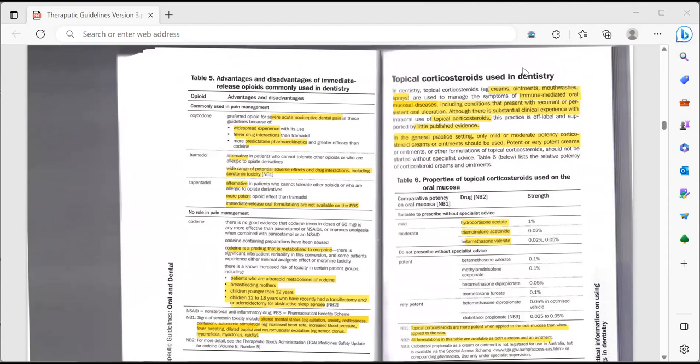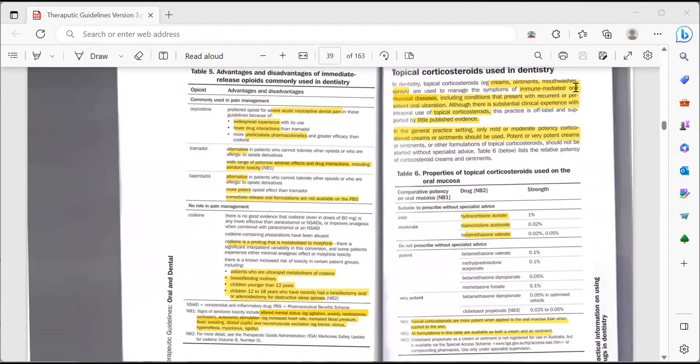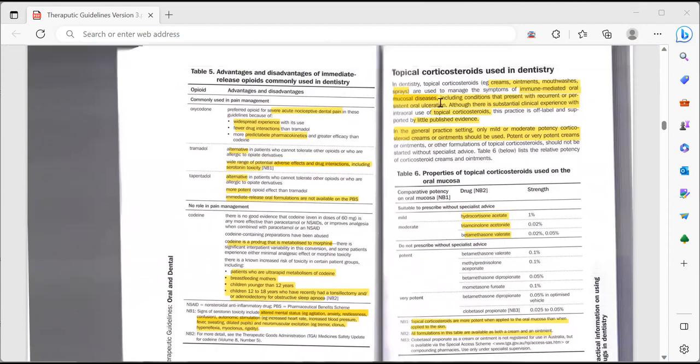They are used to manage the symptoms of immune-mediated oral mucosal conditions, so this is mainly used for oral mucosal conditions, including conditions that present with recurrent or persistent oral ulceration. For example, for oral ulceration, we do sometimes prescribe the patient a topical corticosteroid.